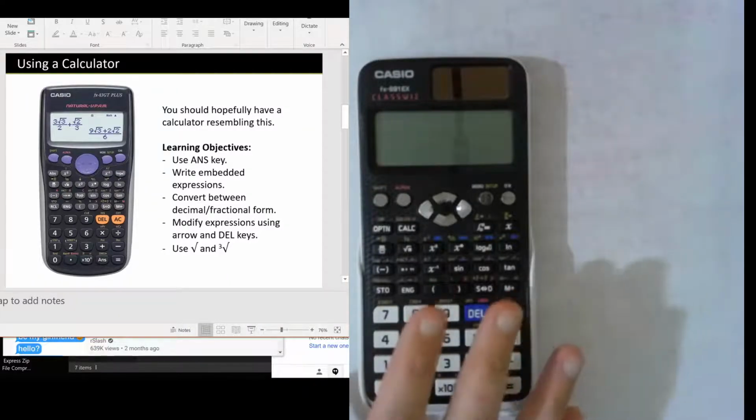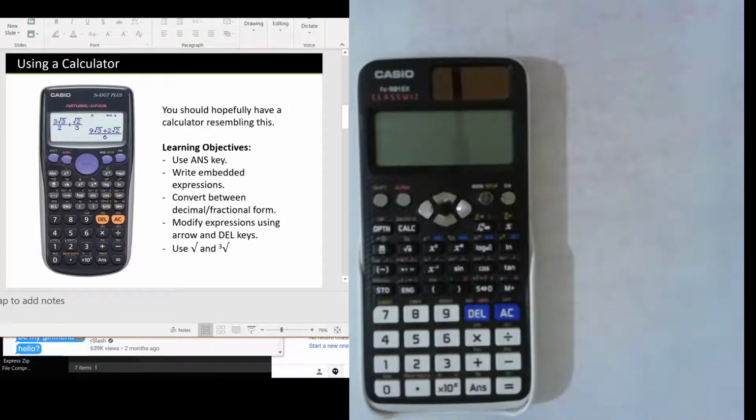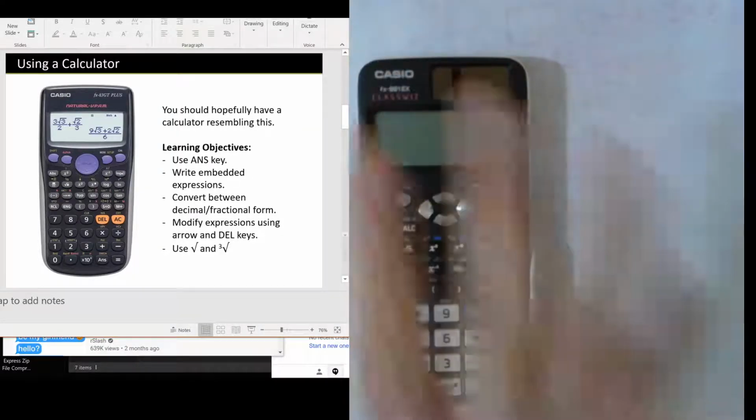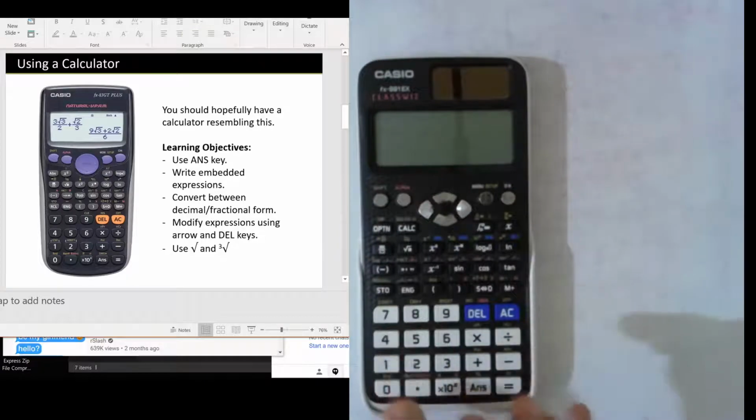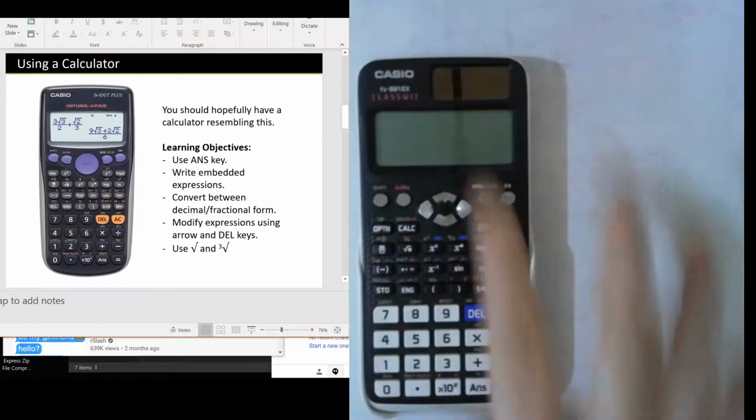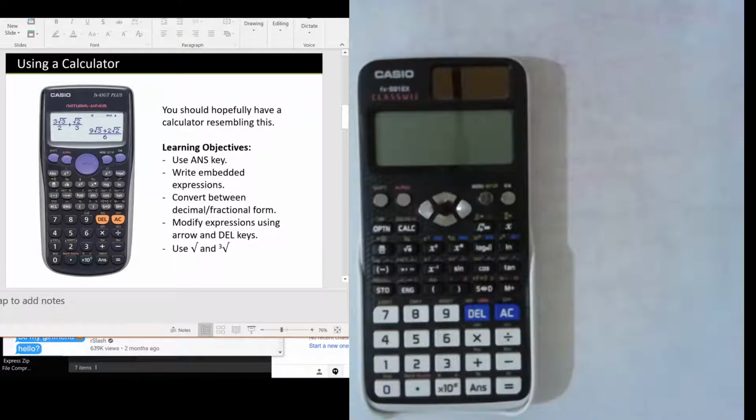And I know there's a lot of you that forget your calculators to lesson, you've lost your calculators, or you don't even have a calculator, and then you get used to using the calculator on your phone that you find it incredibly difficult to use this calculator. So this is one reason why you need to work on your own calculator and make sure you are used to it.